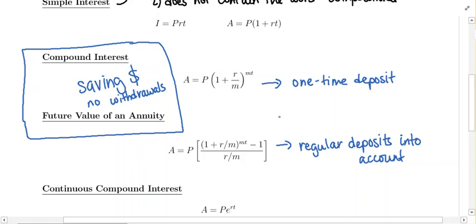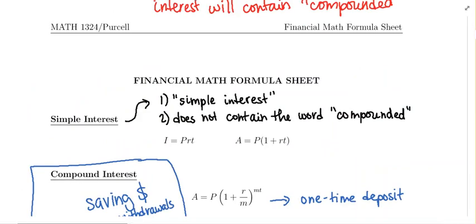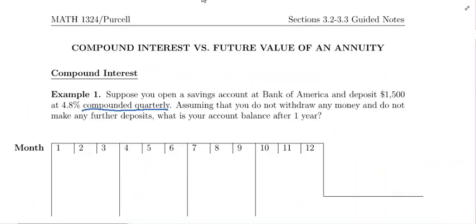That's exactly what we have going on here. You put in the $1,500, your one-time deposit, you let that money grow for a 1-year period, and you don't take any money out. That's what makes this a compound interest problem, so yes, we can use the formula to figure out our account balance after 1 year.